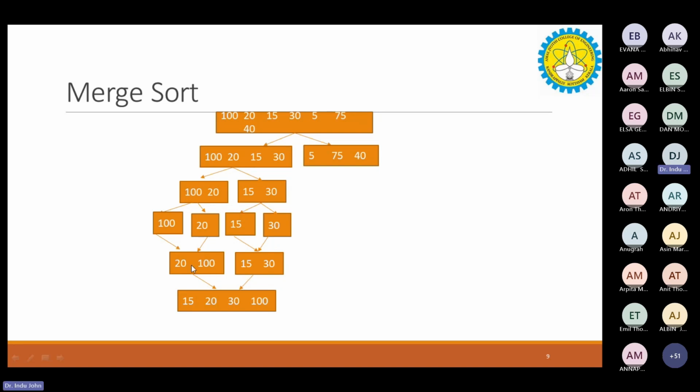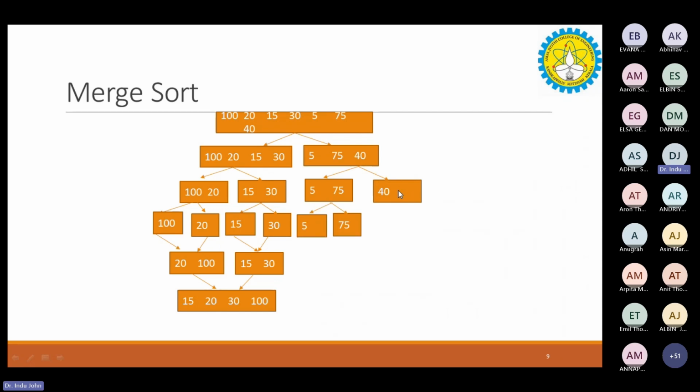Essentially, it will return the elements in both the arrays in sorted order. Thus you get this sorted array of size 4. The same thing happens on the right half of the array also. This array of 3 elements gets split into 2 parts, one of size 2 and the other of size 1.